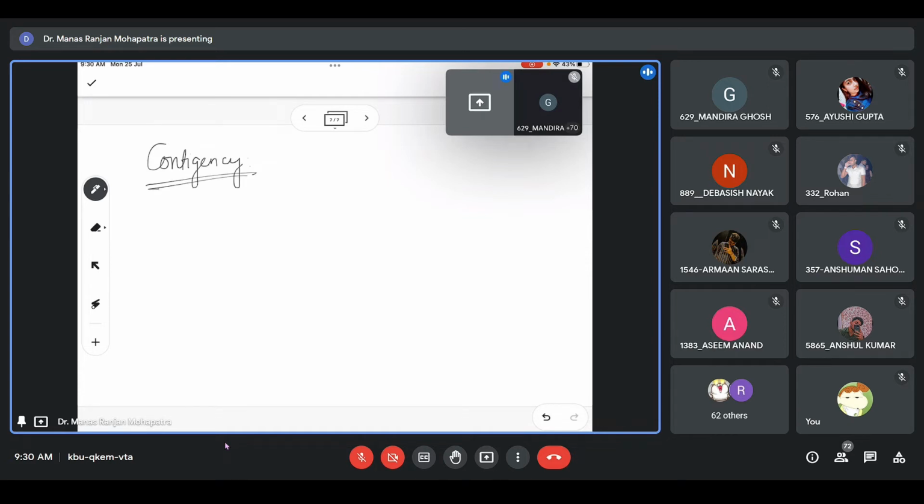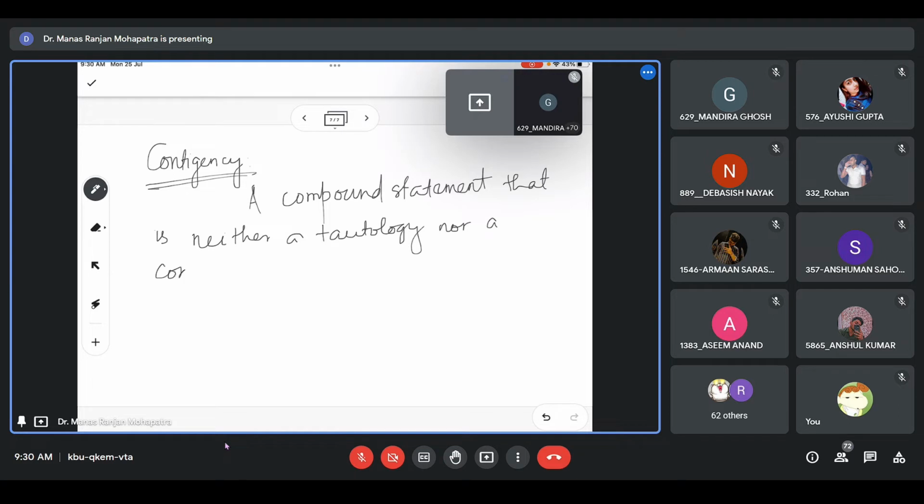A compound statement that is neither a tautology nor a contradiction is called a contingency.